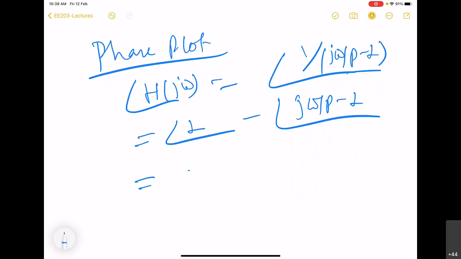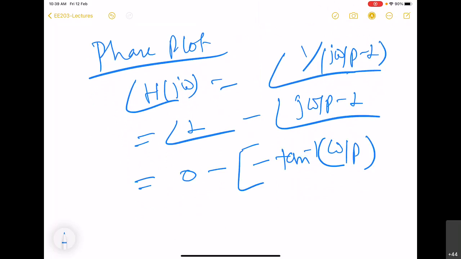So this becomes 0 minus, and the phase of this part we have already found out for the 0 case was minus tan inverse omega by p. Right? So this becomes tan inverse omega by p.